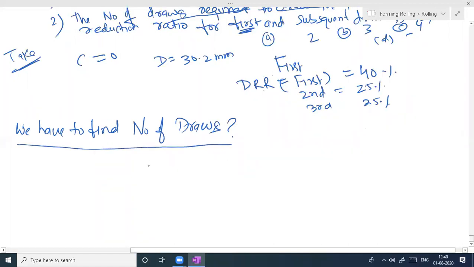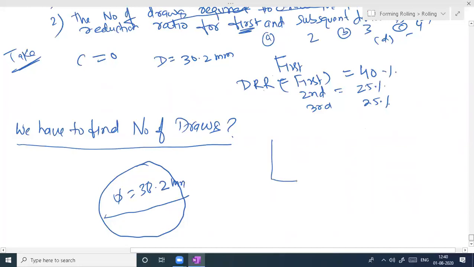Very easy. You know the blank size now. Blank size is 30.2 millimeter, and your cup is 12 millimeter diameter and height 16 mm.